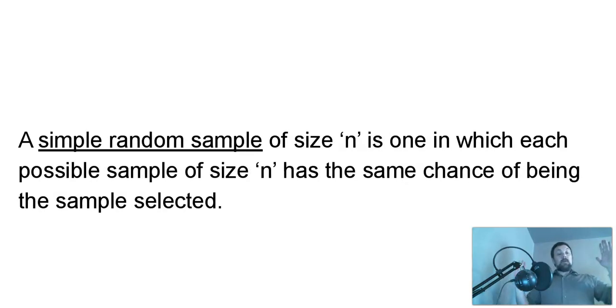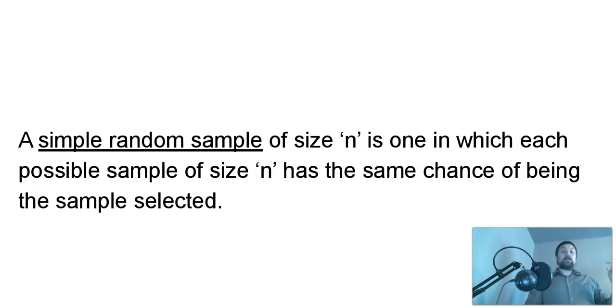All right. Now, contrast that with this slightly different concept of a simple random sample. It's kind of a misnomer there, because I would think it's a little bit more complicated to understand than what we just talked about. A simple random sample of size n, the number of people or items that will be in your sample, is one in which each possible sample of size n has the same chance of being the sample selected.